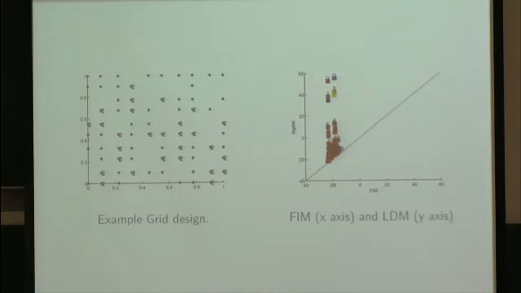As you increase the ratio of replicated points, your approximation of the Fisher information to the log determinant becomes better and better. You can see it goes towards the diagonal. So single replicate designs are not approximated well, and the monotonicity doesn't strictly hold, but the approximation becomes better and better the more replicated observations you have. So these are empirical results.